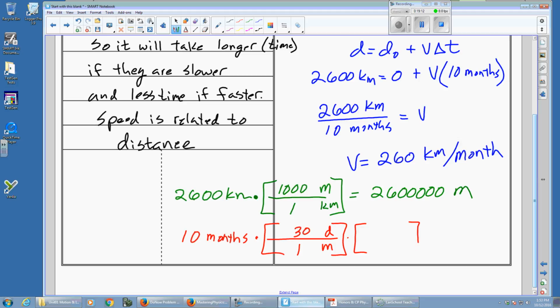No. What do we know that are in days? Hours. Okay. So we do hours up top, days down the bottom, 24 to 1. Now we're in hours. Do we want to be in hours? We want to be in seconds. So minutes, hours, 60 minutes in 1 hour. We don't want to be in minutes, though. So minutes down the bottom, 60 seconds in 1 minute.